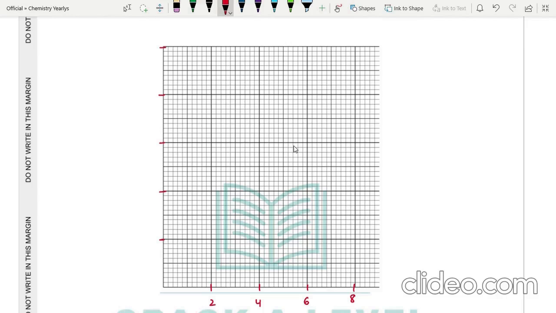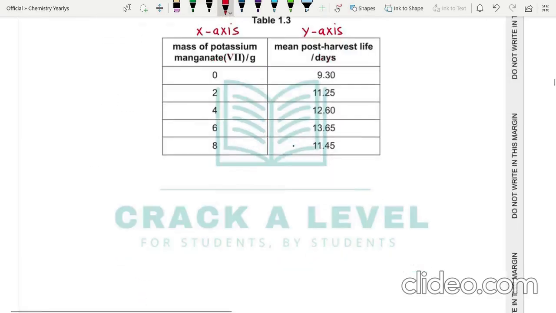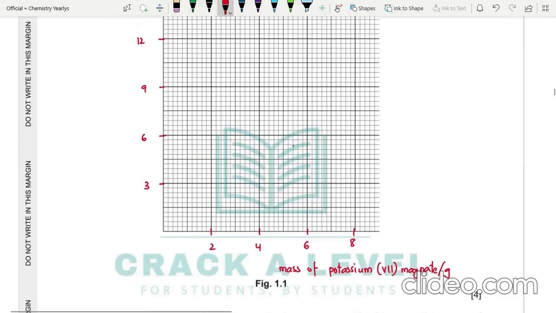It comes as 2.73. Let's take 3 as a reasonable scale: 3, 6, 9, 12, and 15. What was the unit? Let's check it from the table. It was mean post-harvest life in days.